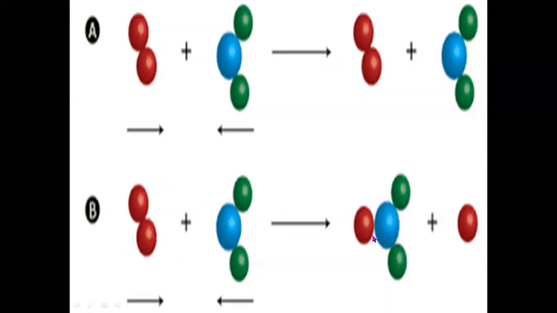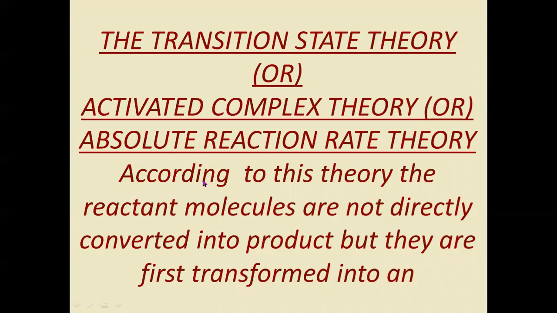That gives you an idea that when these reactant molecules collide, they form product, meaning this collision is fruitful. What is a fruitful collision? The molecules have the minimum energy required to form product, which is nothing but the activation energy.